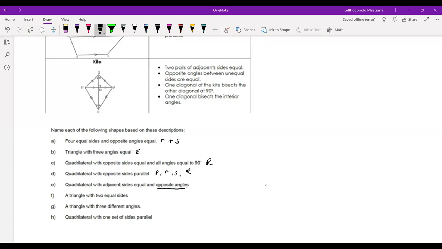That doesn't make any sense, so we'll leave that out for now. A triangle with two equal sides, that's going to be your isosceles triangle. A triangle with three different angles, that's going to be your scalene triangle. And the quadrilateral with one set of sides parallel is your trapezium.